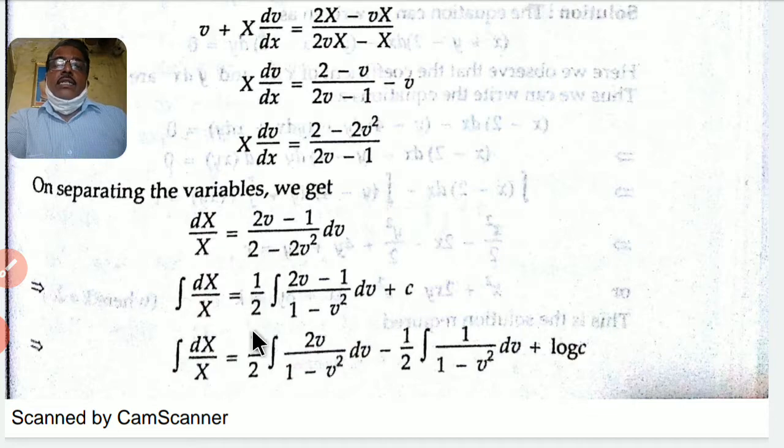In this case, the integration of dx by x is equal to 1 by 2 into, separating the terms, since a plus b divided by c can be written as a by c plus b by c, 2v divided by 1 minus v square dv, minus the integration of 1 by 1 minus v square dv, plus the integration constant log c. Here 1 by 2 is a constant multiplied to both terms, because it applies to the whole bracket.